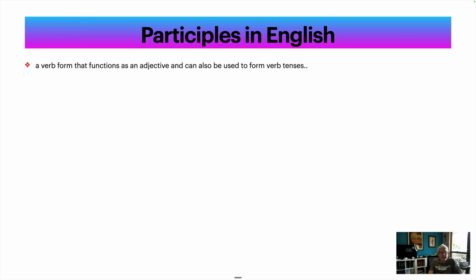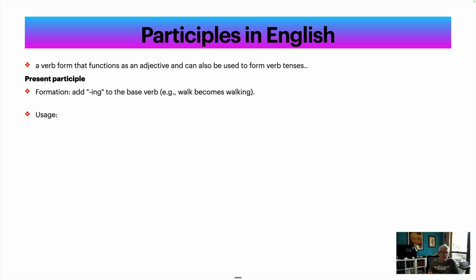Again, starting in English, a participle is a verb form that functions as an adjective, but which can also be used to form verb tenses. So the present participle in English, you typically add ing to the base verb. So walk becomes walking.